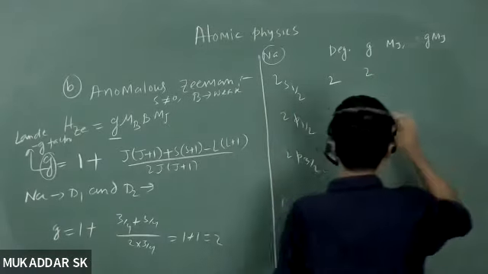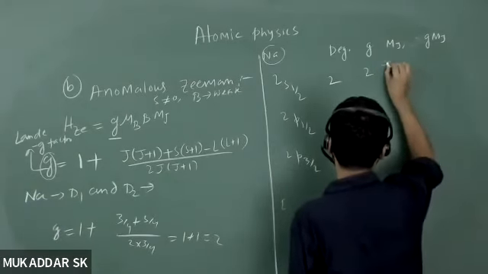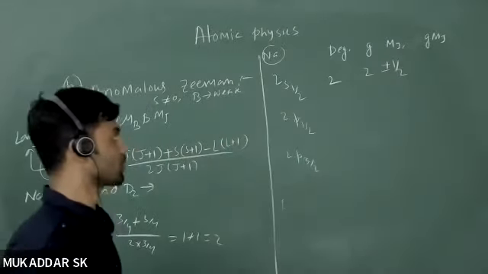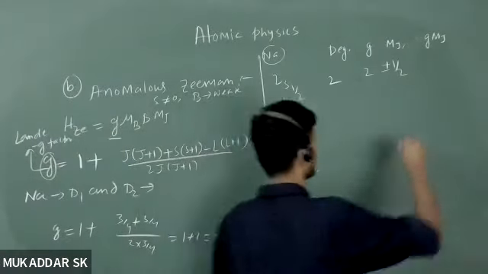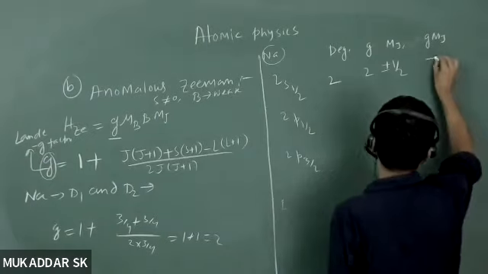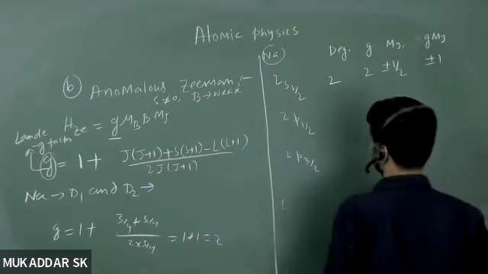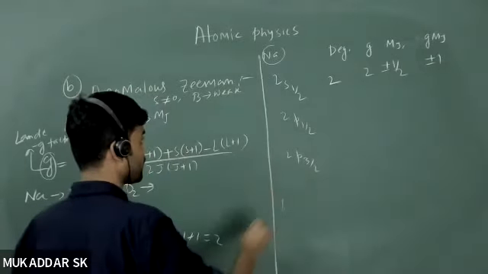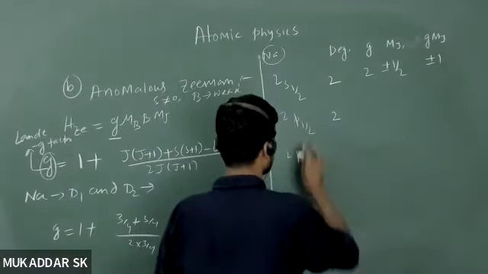What will be the mj? mj will be plus or minus half. And g·mj will be plus or minus 1. For the state 2P1/2, the degeneracy again will be 2, from 2j plus 1.